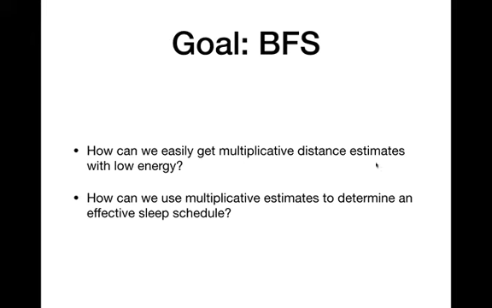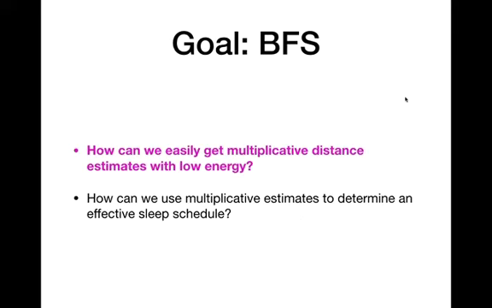So we're going to split the breadth first search problem into two parts. One is, how can we get these multiplicative distance estimates? And the other is, how can we use the multiplicative distance estimates to determine an effective sleep schedule? And of course, it will not be just wake up at g of v and go back to sleep at g of v times polylog n.